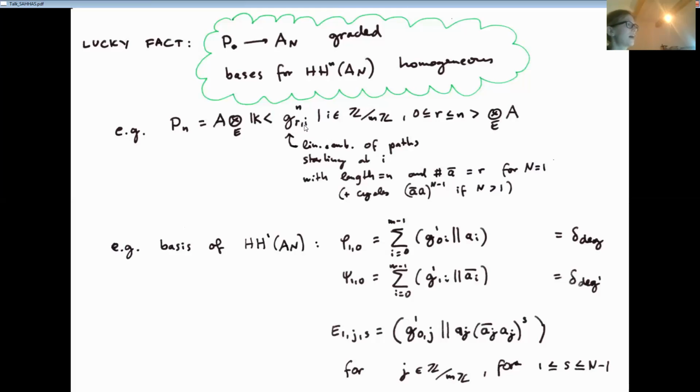So you can start at I, go some steps anti-clockwise, then turn around and go clockwise again, and then go a little bit anti-clockwise again. There's a certain recursive rule for how to define these elements, and it's maybe too much notation for such a talk, but they give these very explicitly.